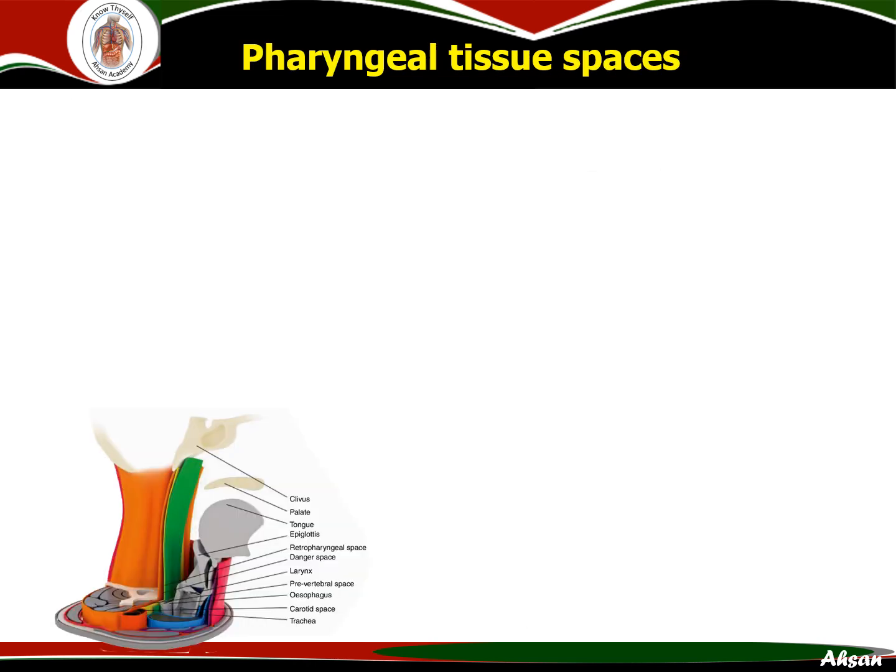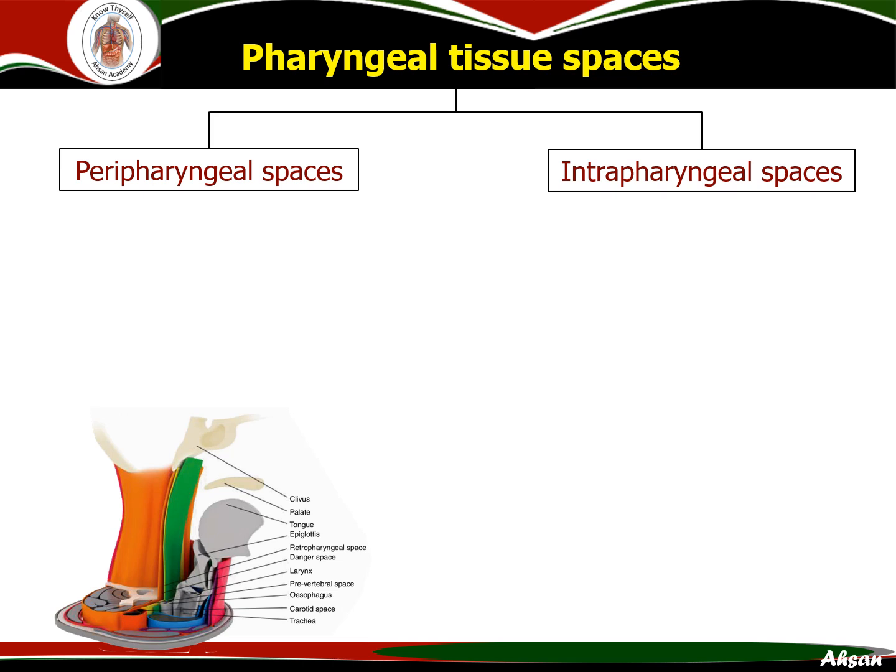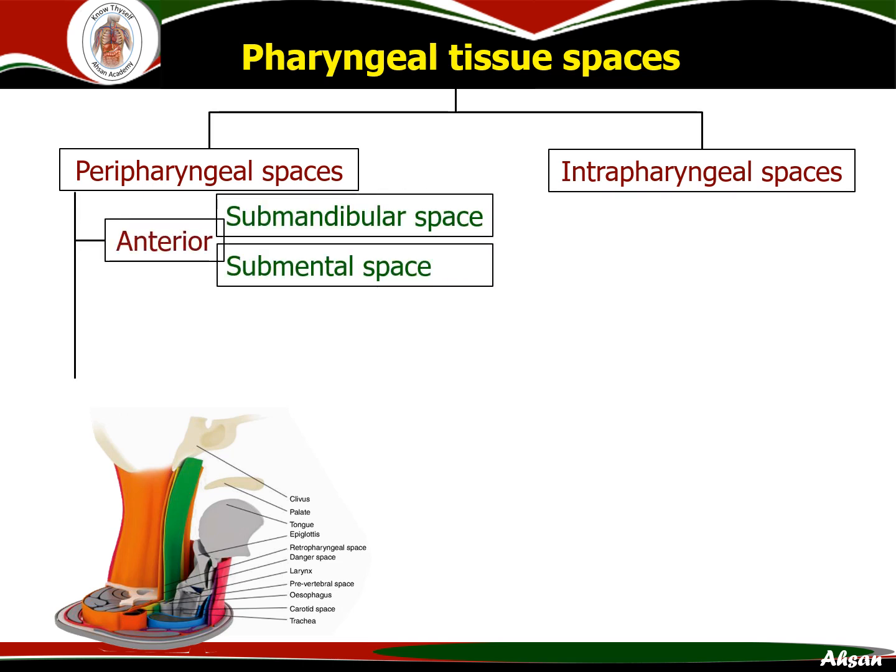For better understanding and for the clinical correlation, the spaces around the pharynx are divided into peripharyngeal space and intrapharyngeal space. Peripharyngeal spaces are of two types, the submandibular space and the submental space.